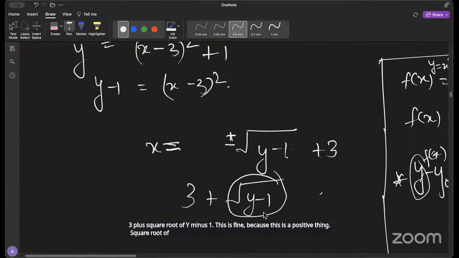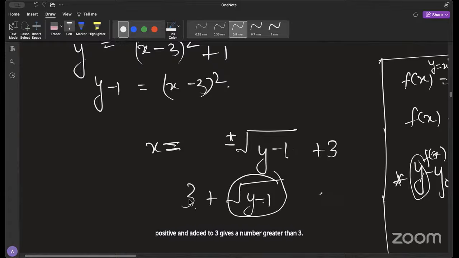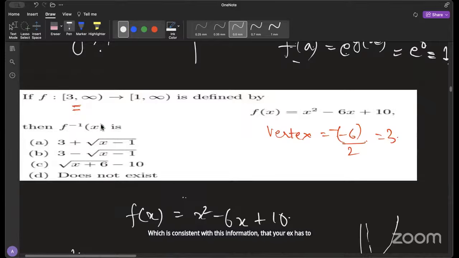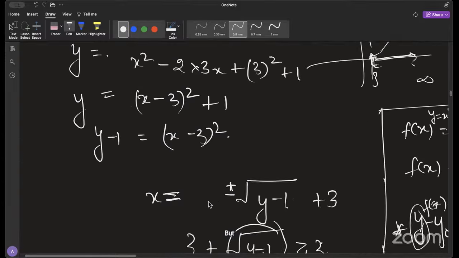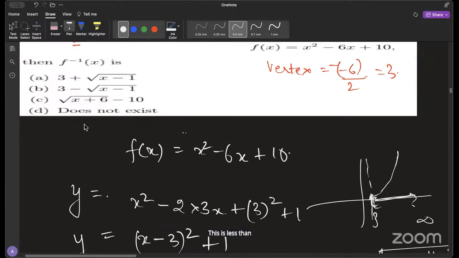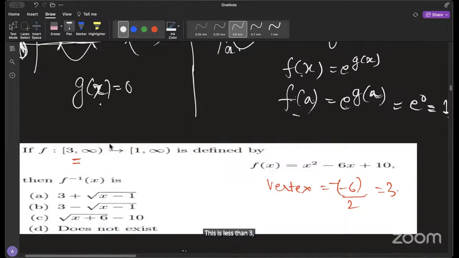Square root of any number is positive. Positive when added to 3 gives a number greater than 3. That means your x is greater than 3. Now this remains greater than or equal to 3, which is consistent with the information that your x has to come from 3 to infinity. But if you take 3 minus square root of y minus 1, this becomes inconsistent because this means x is less than 3, which is not where x is supposed to be.